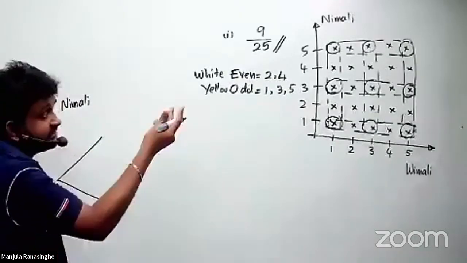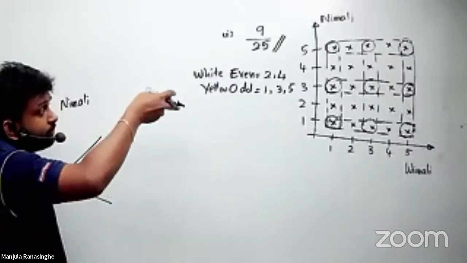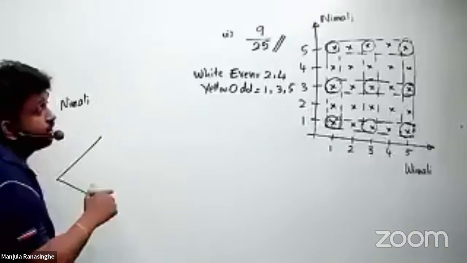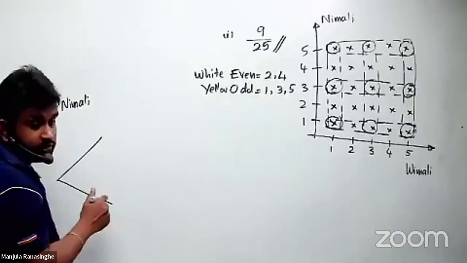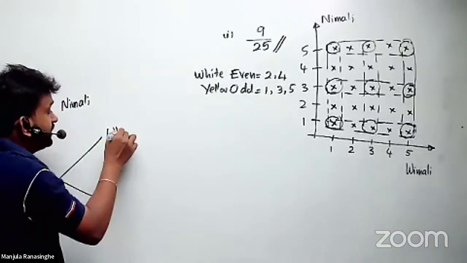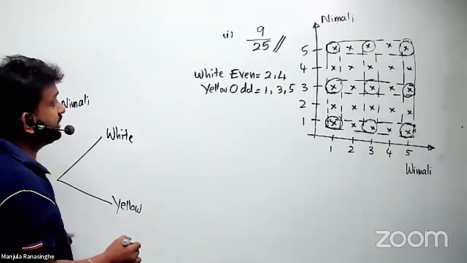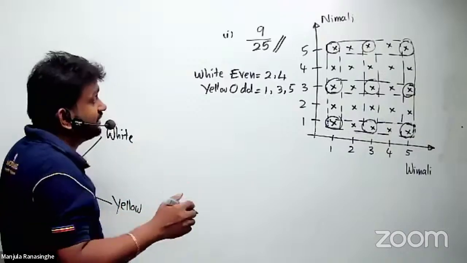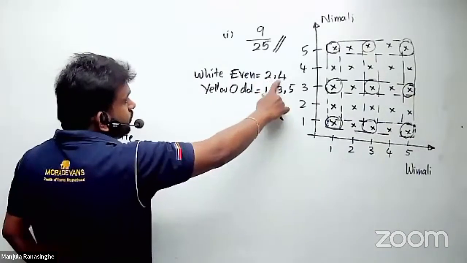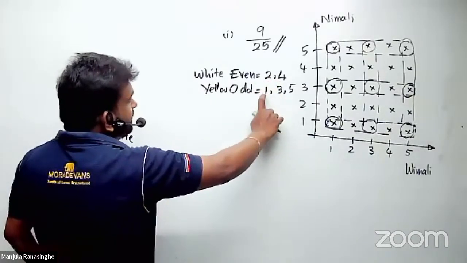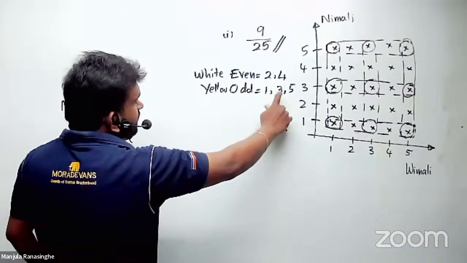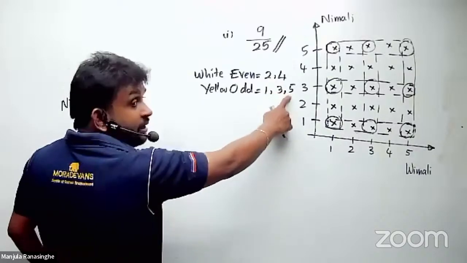They are not discussing odd and even numbers, but odd represents the color yellow and even represents white. How many white parts are there to indicate the two even numbers? 2. And here 3 yellow parts, because there are 3 odd numbers.